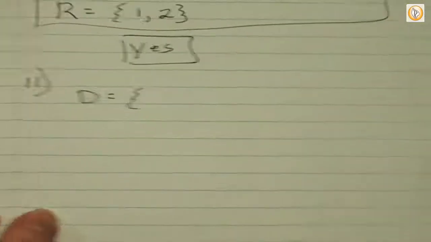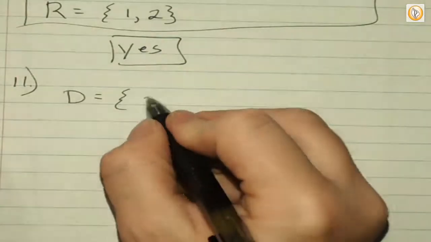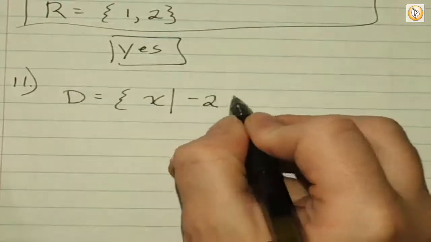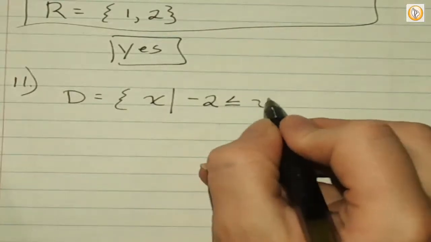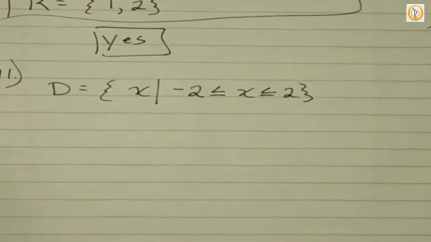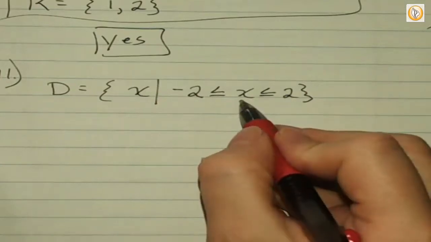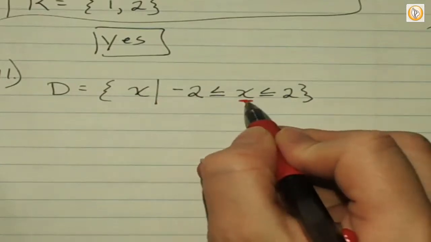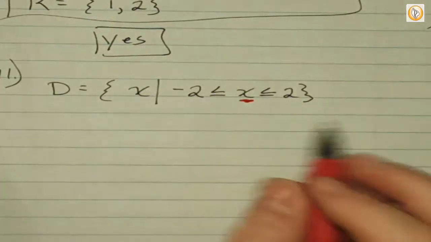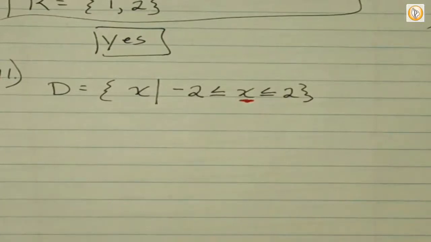So therefore, you write it: -2 is less than or equal to x less than or equal to +2. That is saying that x can be any number between -2 and 2. So write that down, and I'm going to show you again.